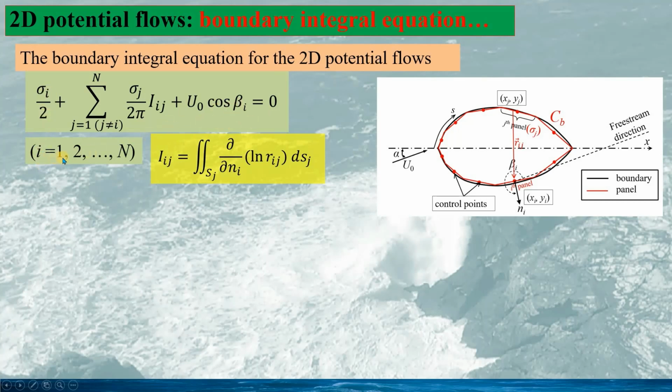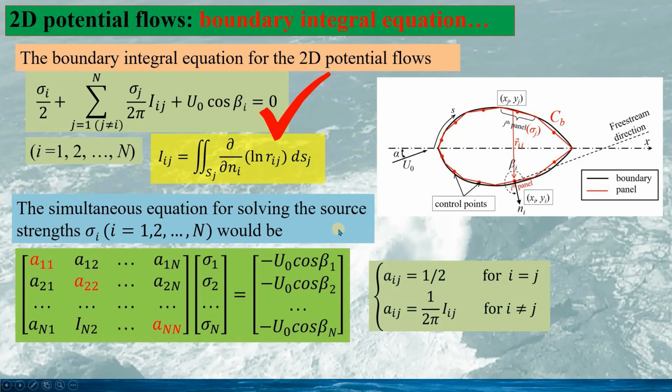So the boundary integral equation for the 2D potential flow can be written as this, with i from 1 to n, and capital Iij is defined as this. And this is the boundary integral equation for solving the source distribution on the panels. The simultaneous equation for solving the source strength sigma i is given as this.